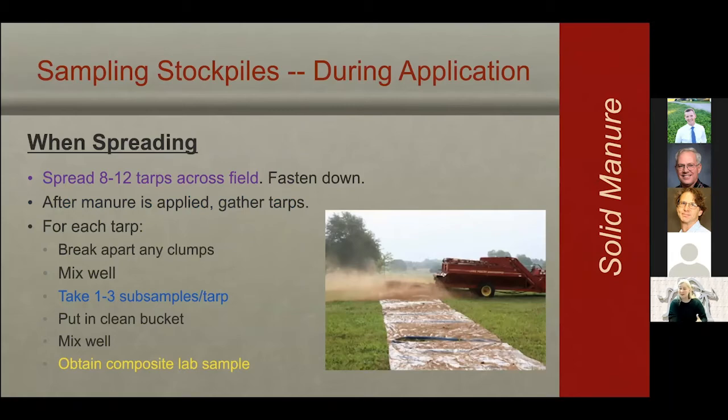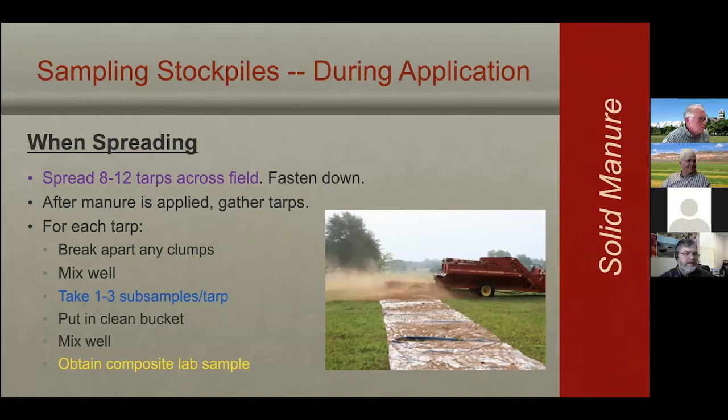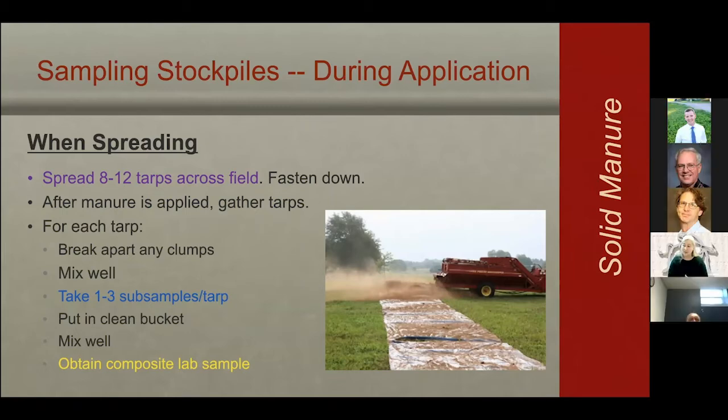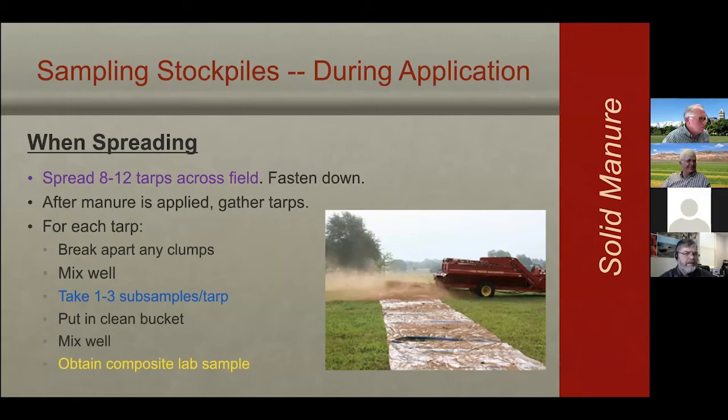And if you want to check your solid manure when you're spreading it, you can actually test the manure for the nutrient contents as you're spreading it, and even double up and test the application rate, how well your manure spreader is calibrated. You do that by putting tarps out across the field. If it's a really big field, you're not going to have them all in one little spot.